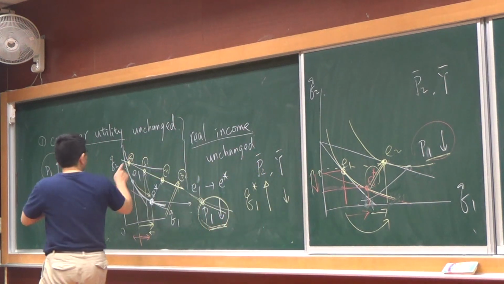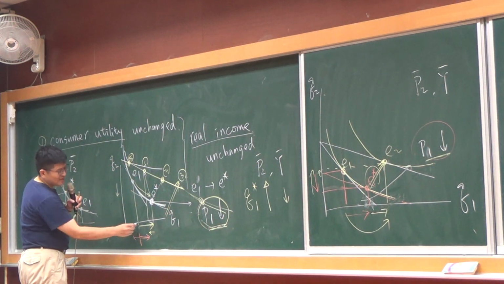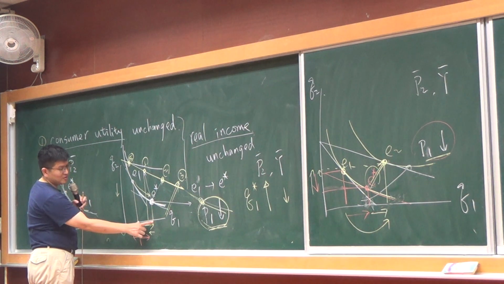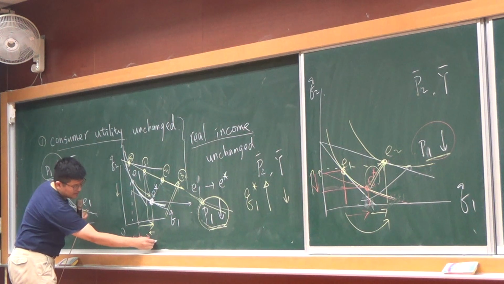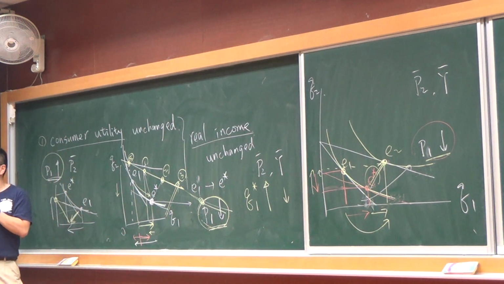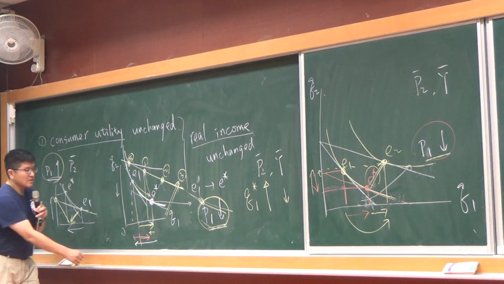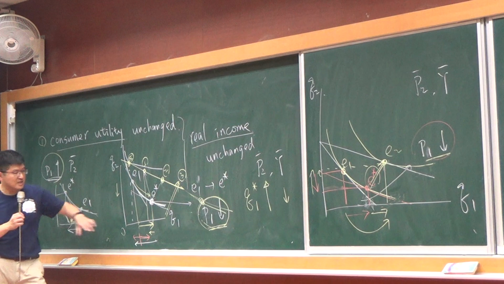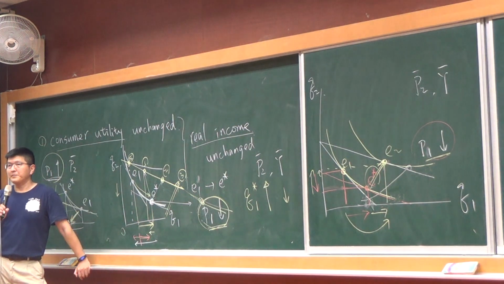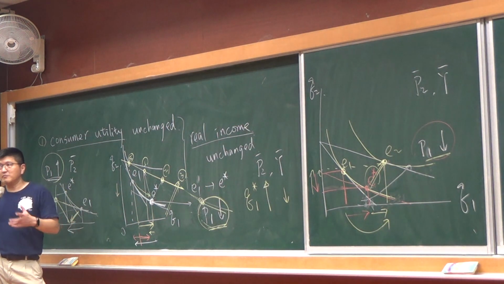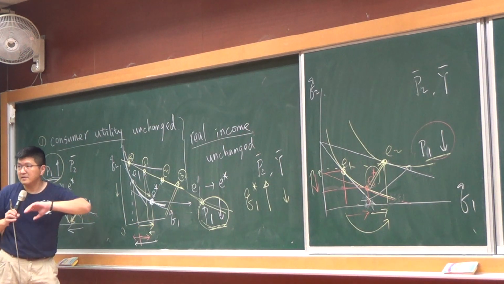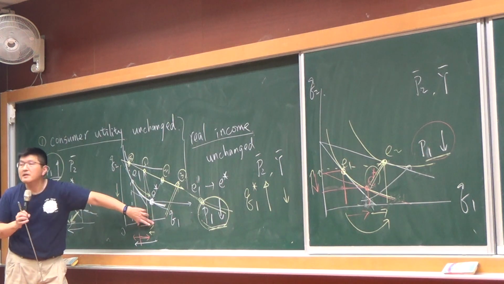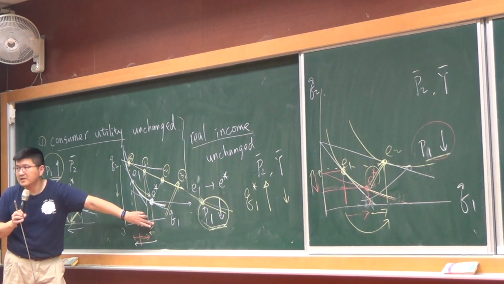So when we got case number 4, you will see, okay, we still have the same substitution effect, but now the income effect is so large, is so high, okay? So if something is really inferior, it's a very, very inferior thing, then the income effect may exceed the substitution effect.